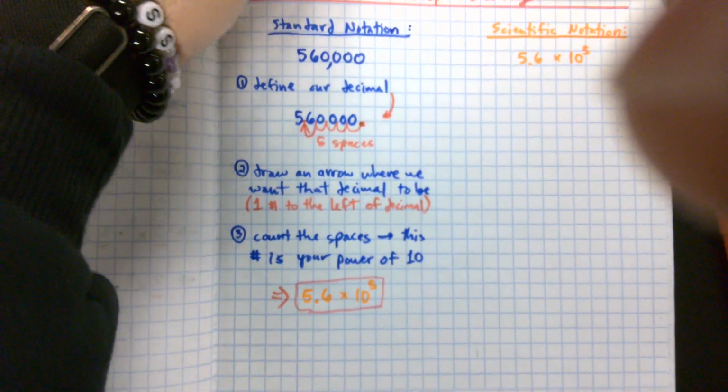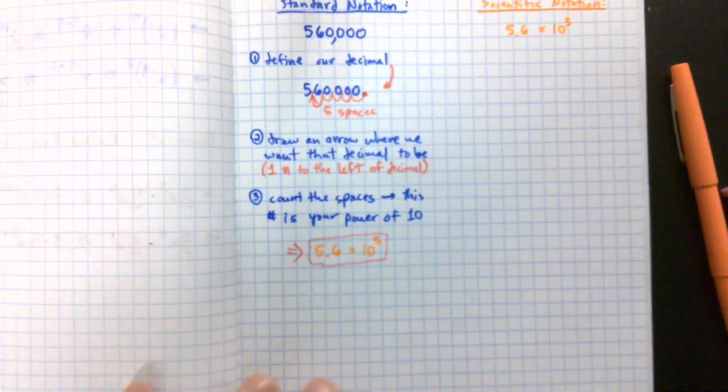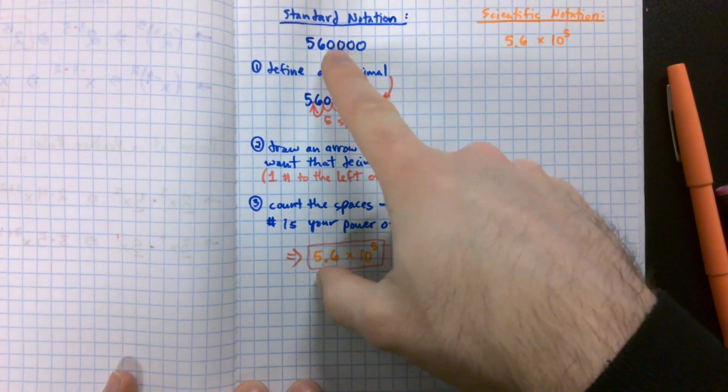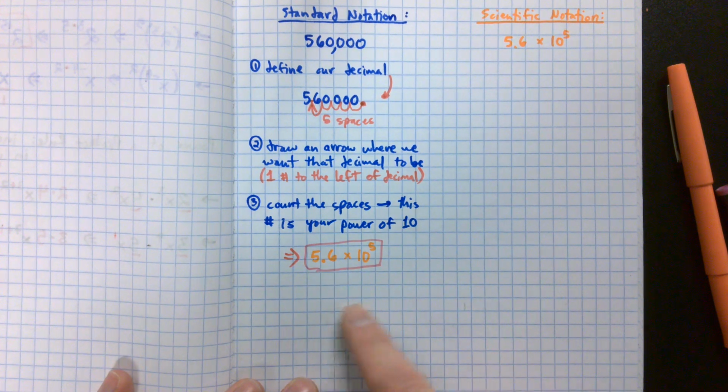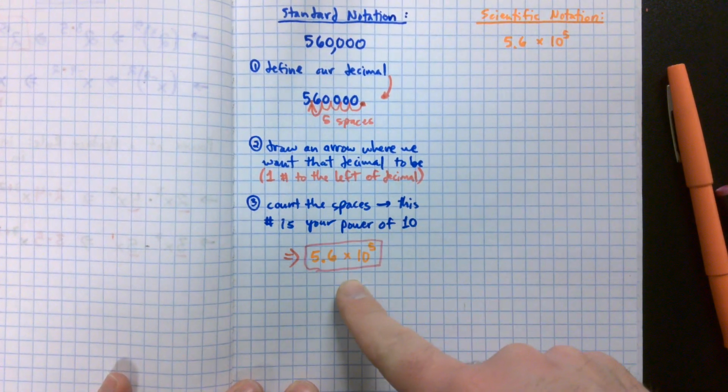So that's how we go from standard to scientific. We started out with 560,000. We got it all the way down to 5.6 times 10 to the 5th.